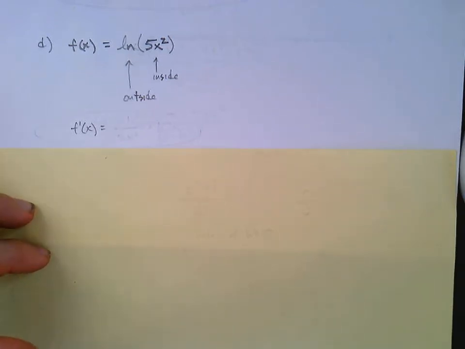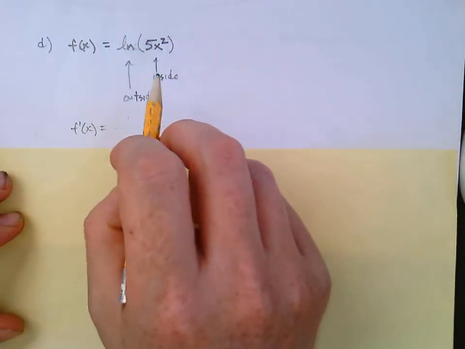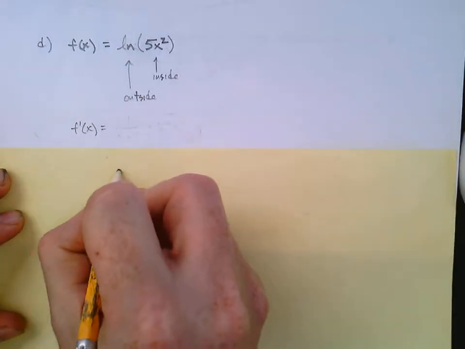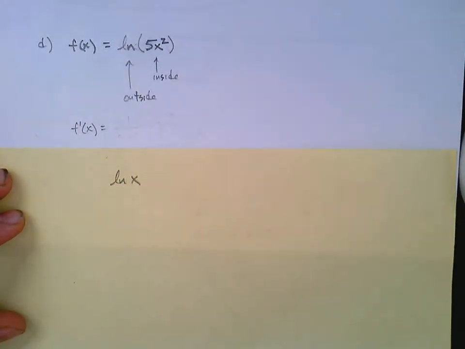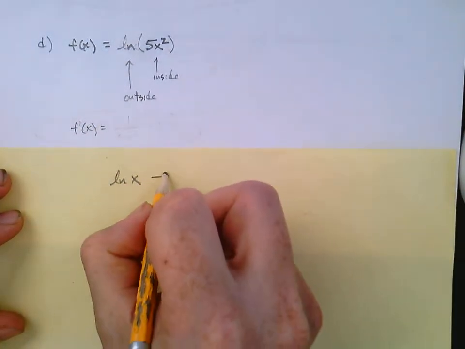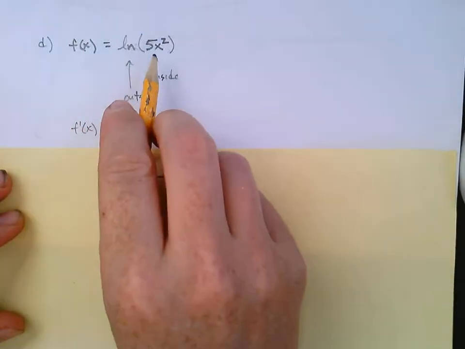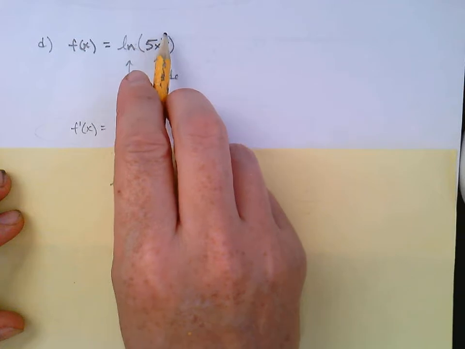Now, when it comes to natural logs, people can get tripped up, so it's really good to point this one out. What's the derivative of the outside here? Well, if you remember, natural log x, its derivative is 1 over x. Now we have something other than just x, right?